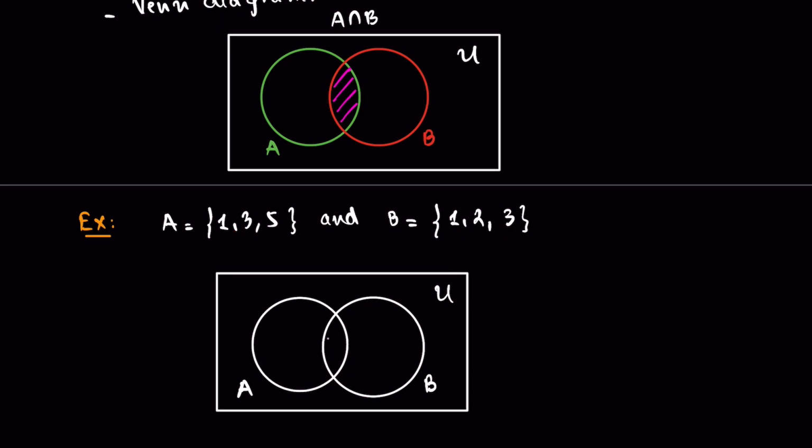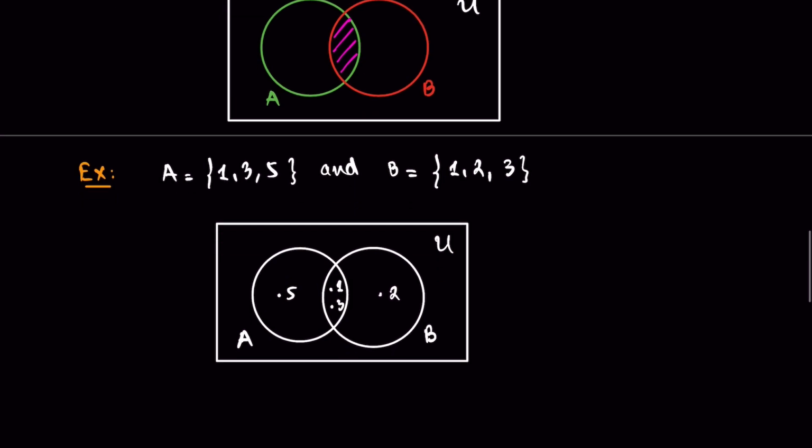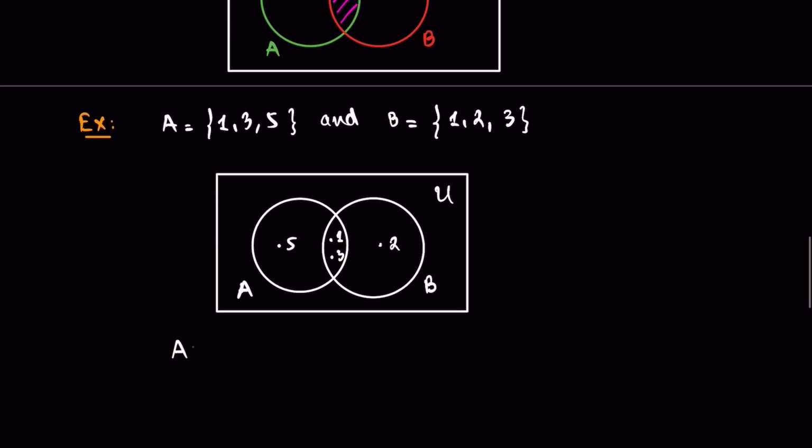So you draw, this is 1, this is 3. In A, element 5 is only in A and element 2 is only in B. Therefore, you illustrate the result of A intersect B as follows. This is the set of only two elements, 1 and 3.